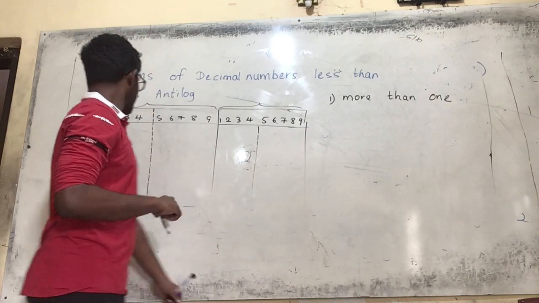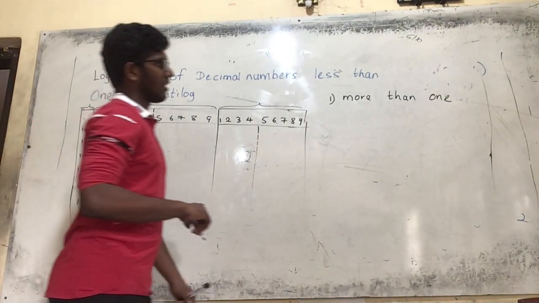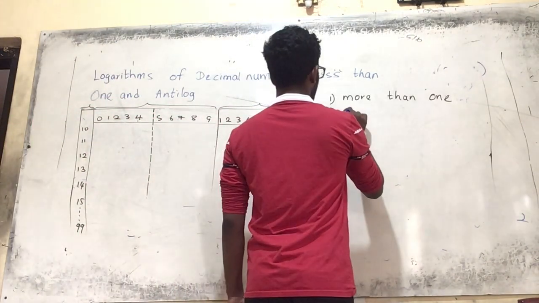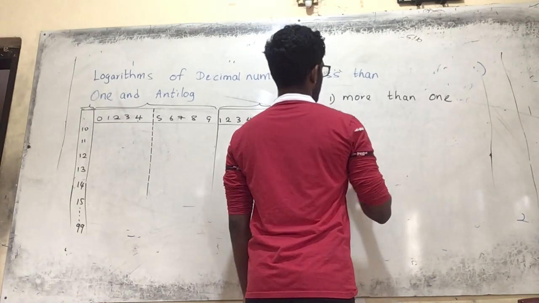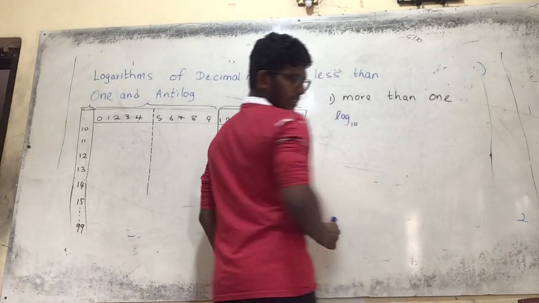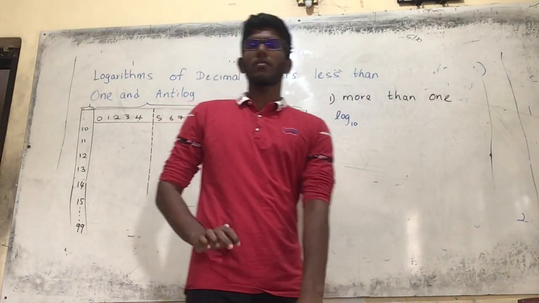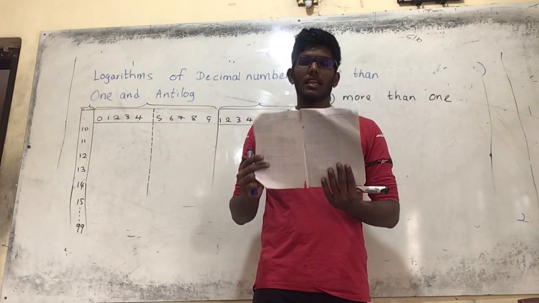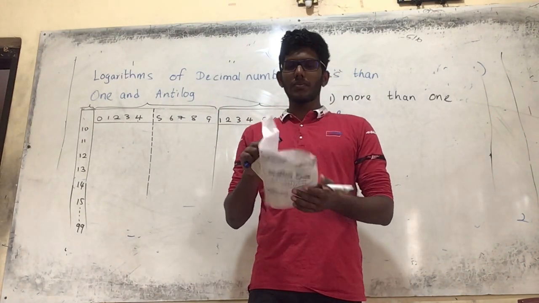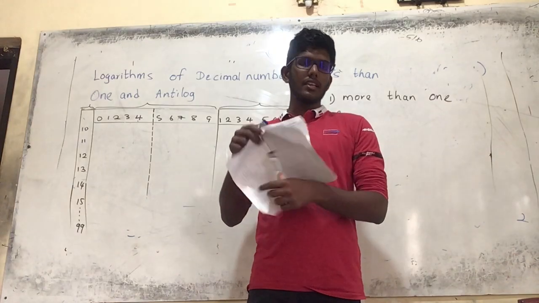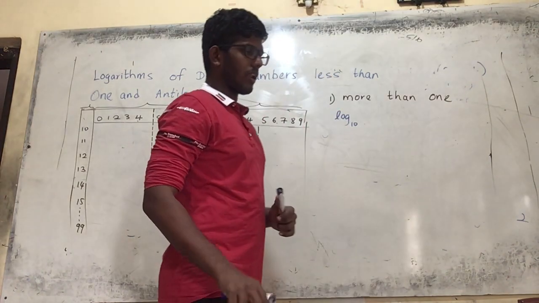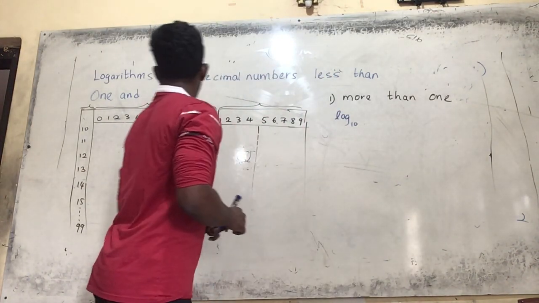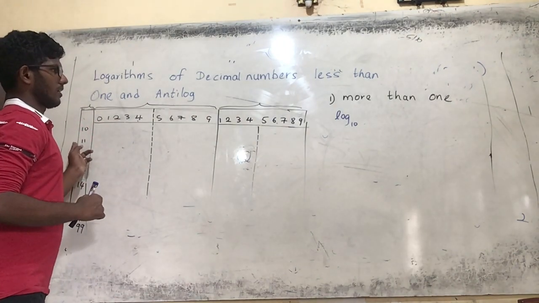Now, I am going to take an example of log base 10. This table always gives logarithmic values of base 10, right? So I am going to take the log value of a number to base 10.